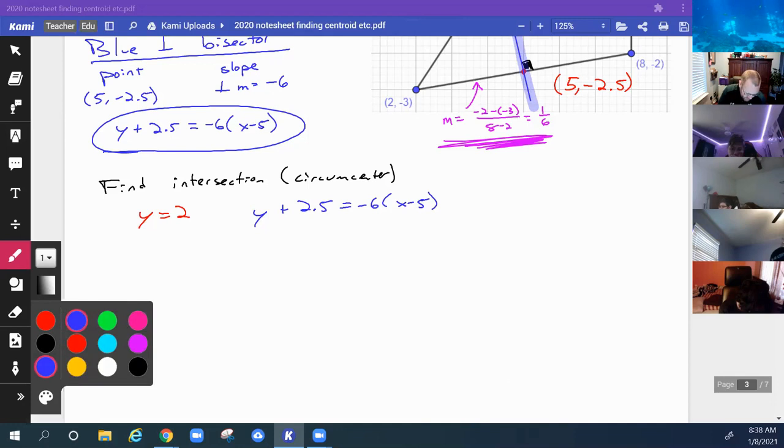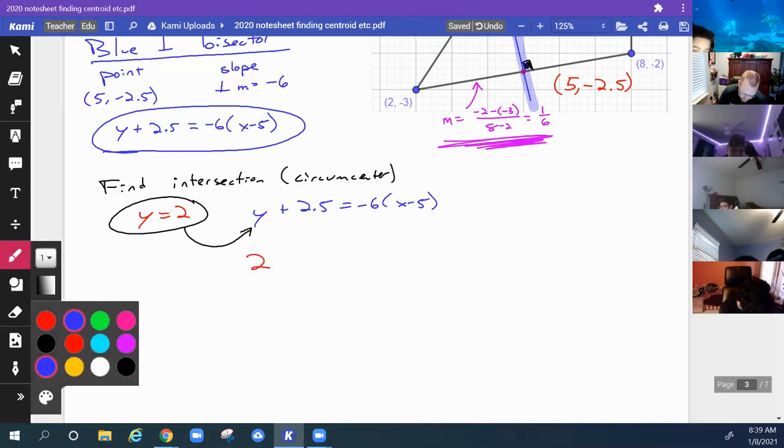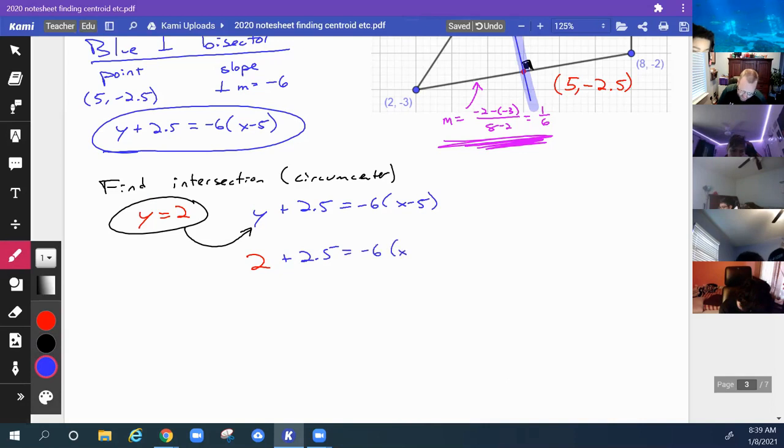Okay, so if you're doing this, the answer is less than 5. Remember, when I'm solving this system, I want to take y equals 2, and I can just plug it in. Okay, so if I do that, I get 2 plus 2.5 equals a negative 6 times x minus 5. This side gives me a 4.5. I can distribute this and get a negative 6x plus a 30.